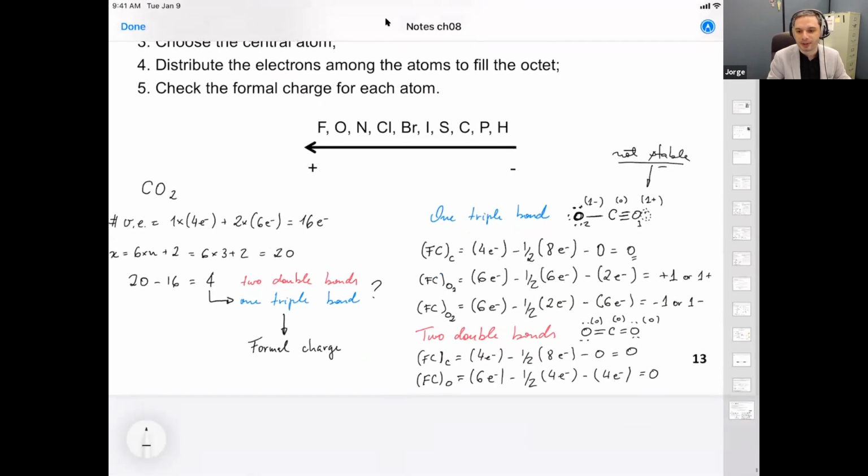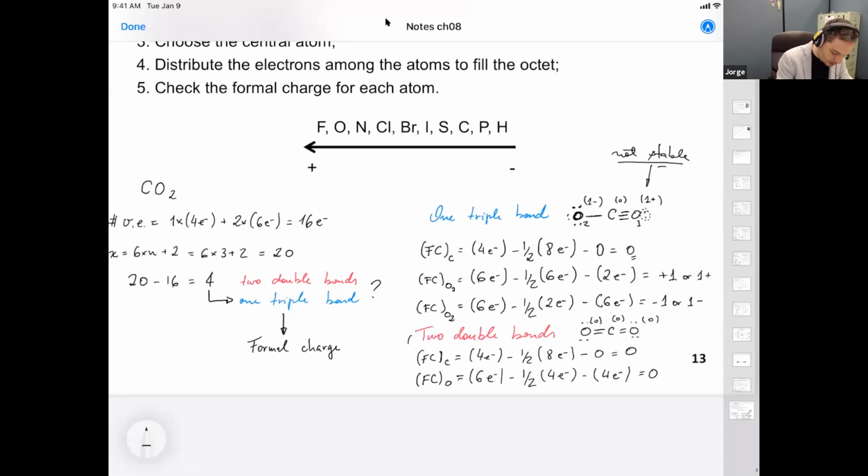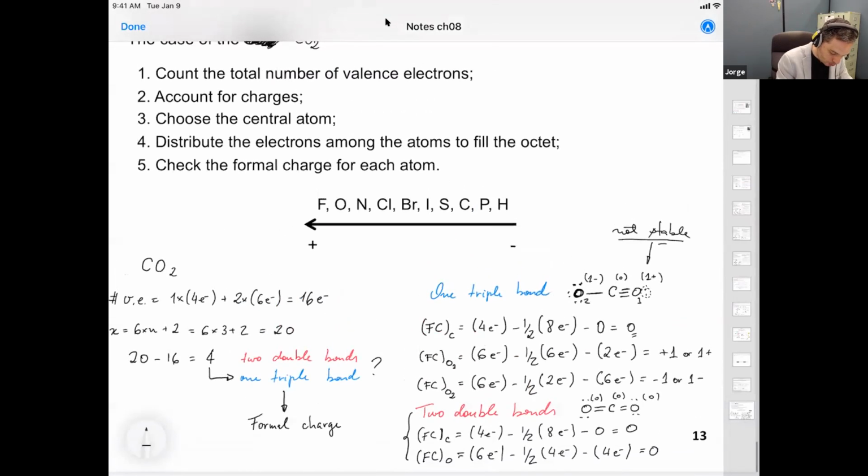Now look at that. The structure with 2 double bonds has all the formal charges equal to 0, compared with the structure with 1 triple bond where we had a positive charge on the oxygen. This structure with 2 double bonds is the most stable.